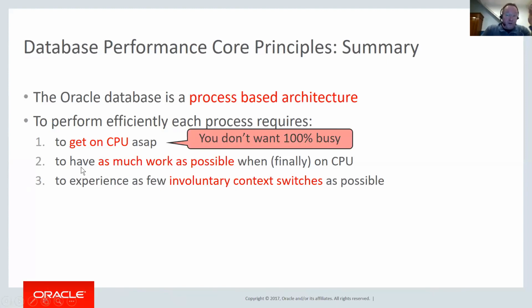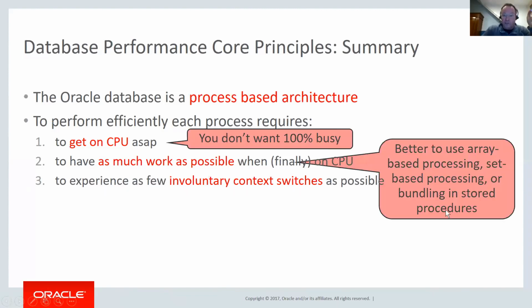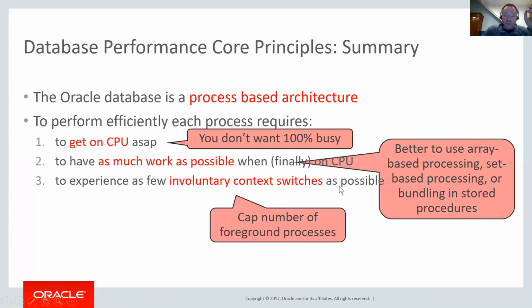And once you are finally on CPU, the foreground process, please do as much work as possible and voluntarily release the core only when you have done as much work as possible, and experience as few involuntary context switches as possible. Yeah, so as much work as possible means use array-based processing, set-based processing, or bundling of your database work in stored procedures. And involuntary context switches cap the number of foreground processes.